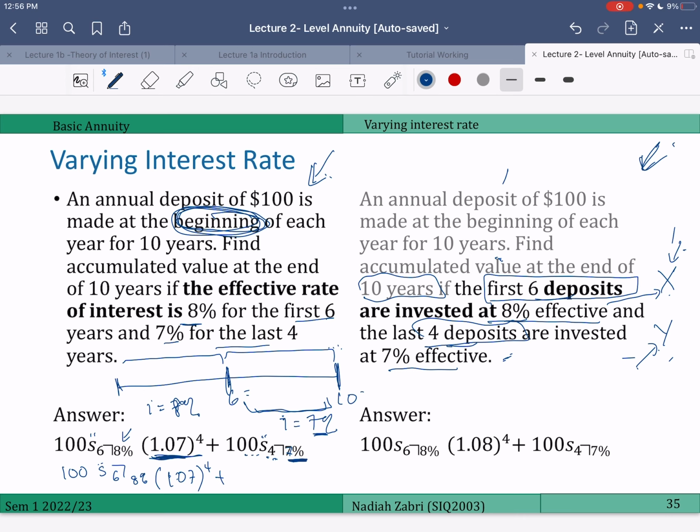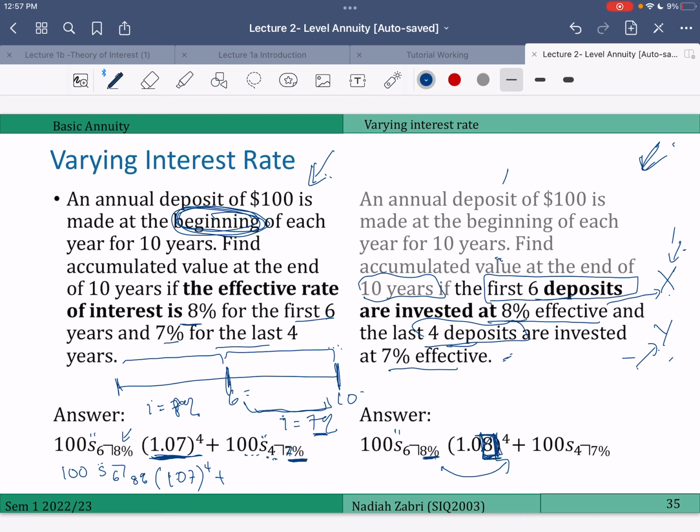So for this one, you will again put the double dot, so it will be 100 S double dot angle 6, and you will evaluate it with an interest rate of 8%, and this is evaluated at time 6. But we want to find AV10, so we need to accumulate to time 10, and the accumulation will be based on fund X's interest rate.